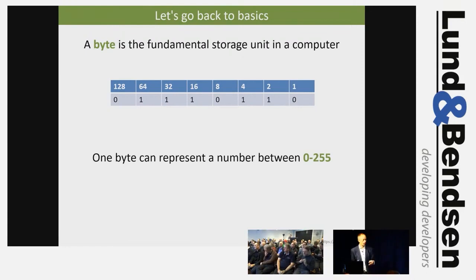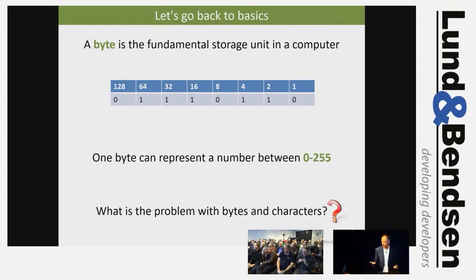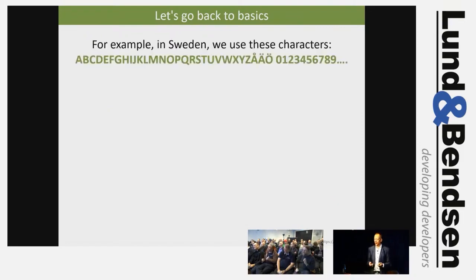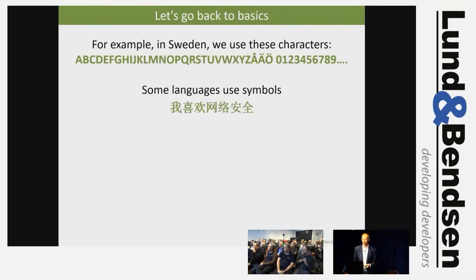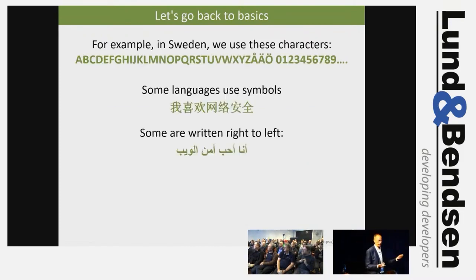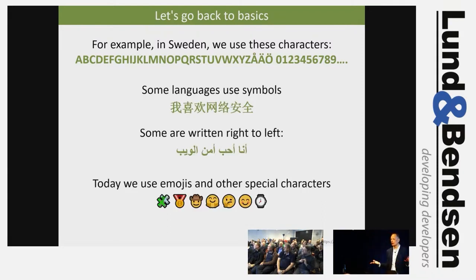That's good. But the problem is that in the world today, we have many character sets. We have Swedish characters, Chinese, Arabic, and emojis. And clearly, we can't fit all of those characters inside 1 byte. So that's one problem.